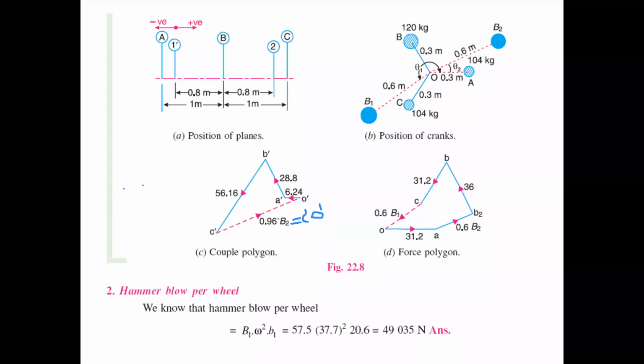Small b1 is already given in the earlier case. Small b1 is 0.6. Cancel the 2 here.